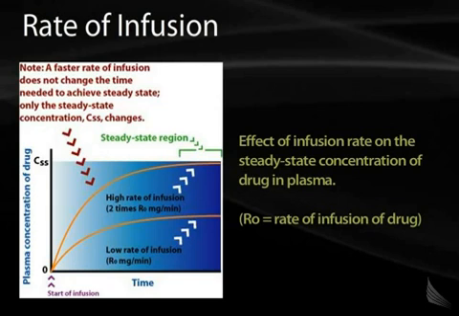The curve on the bottom shows a lower rate of infusion. Both of these patients reach steady state at approximately the same amount of time. However, the patient that receives the higher rate of infusion will have a higher steady state value than the patient that had a lower rate of infusion.